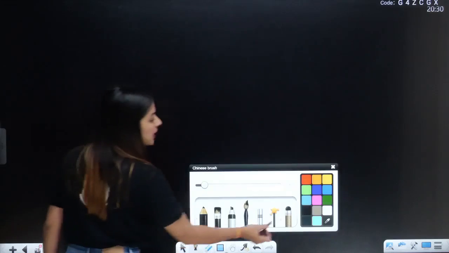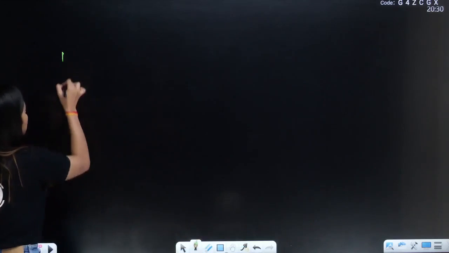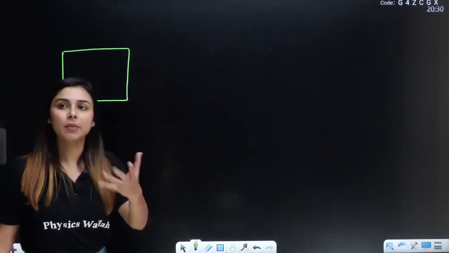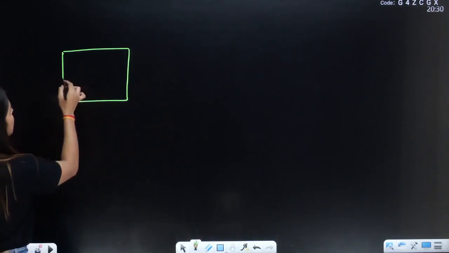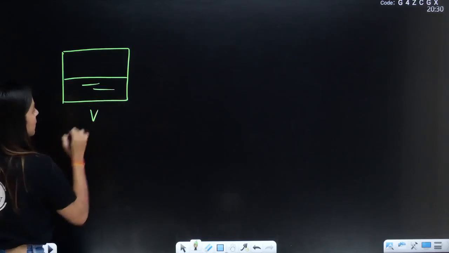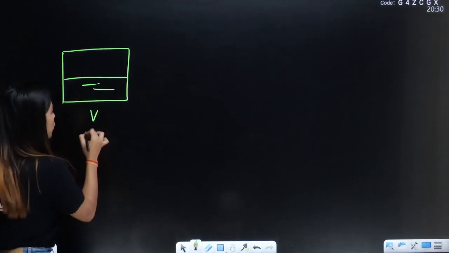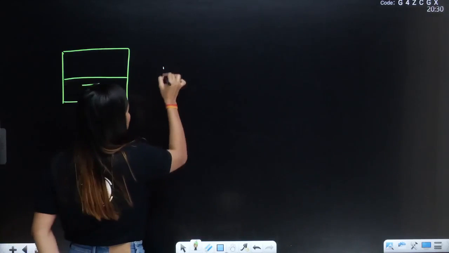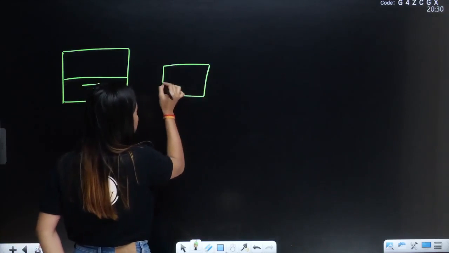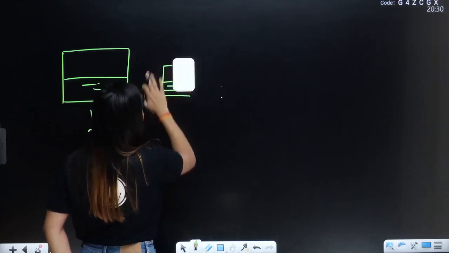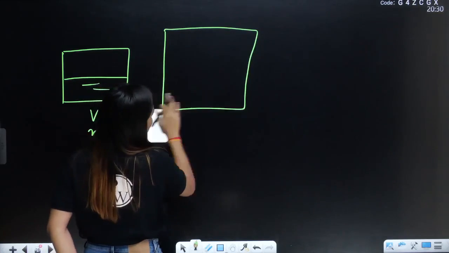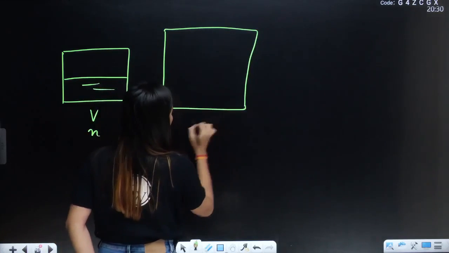What you have to understand here is that imagine you had a particular amount of gas in this big container whose volume was V. Here the number of moles of gas was n. Now imagine you shifted this into a bigger volume container, let's say it was 2V volume.